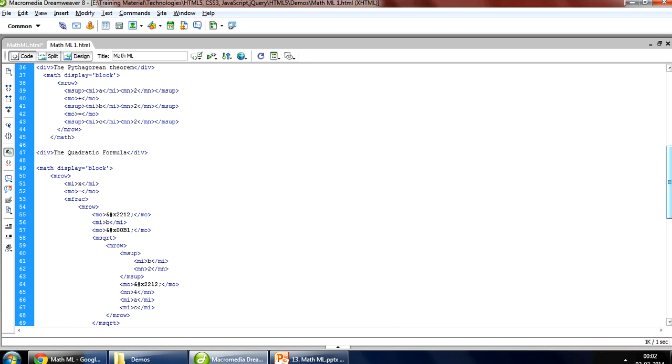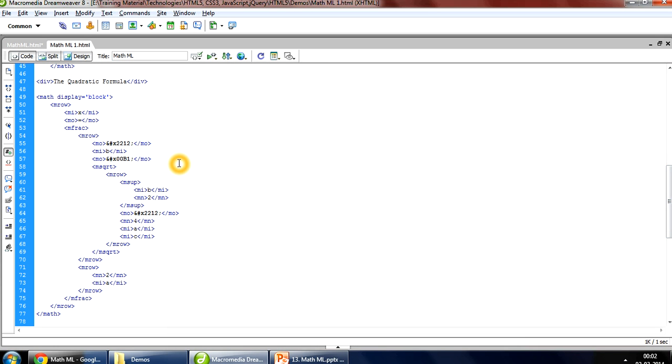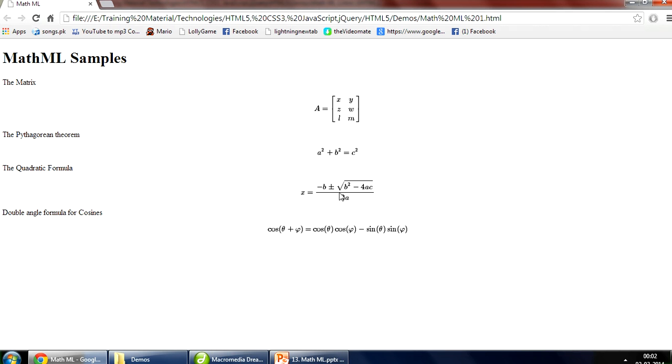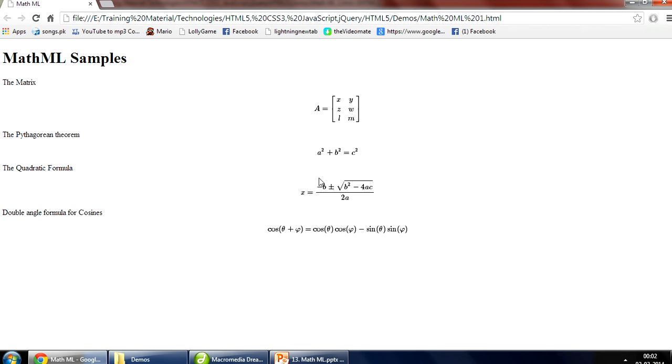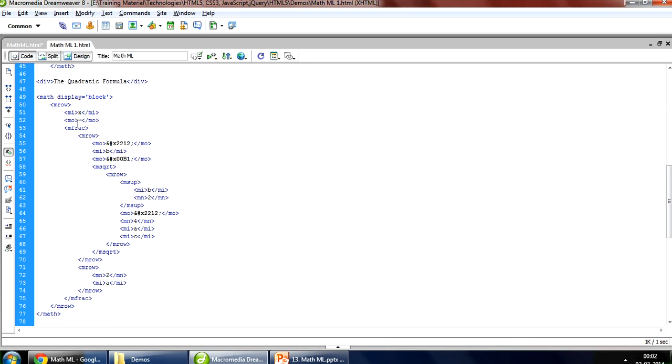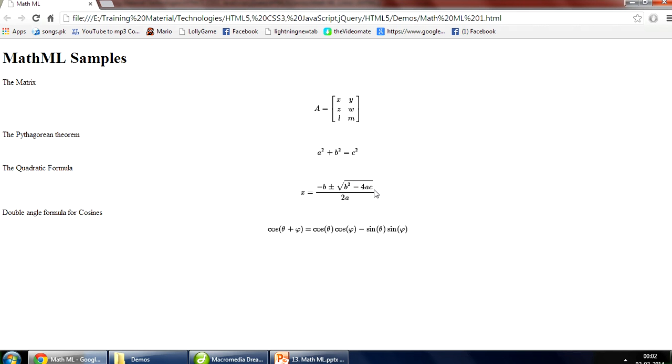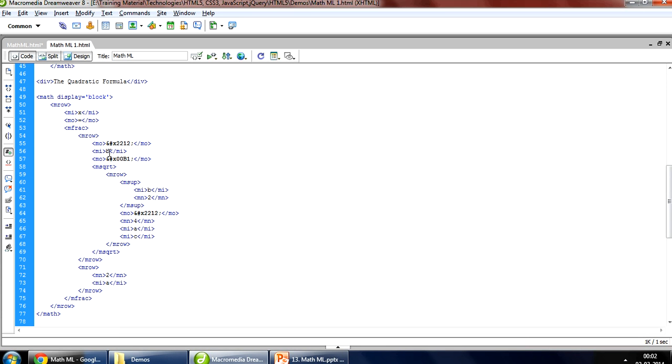After that we have the quadratic formula. This is basically x equal to, then 1 row and then a 2nd row. First you'll have the main row, then x equal to, then I want a fraction in that. This one is your fraction. For the fraction, the first row is minus b plus minus. For this you write mo, then mi, then mo. These are the things for the hyphen.